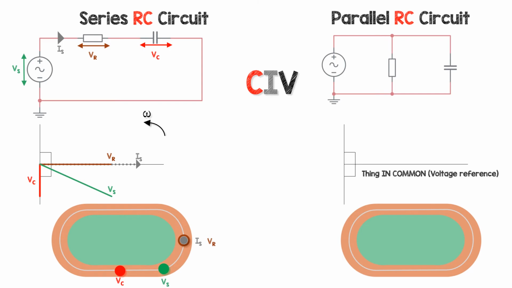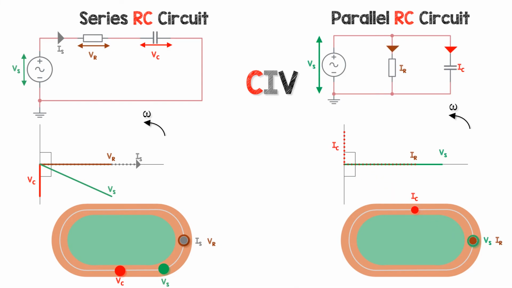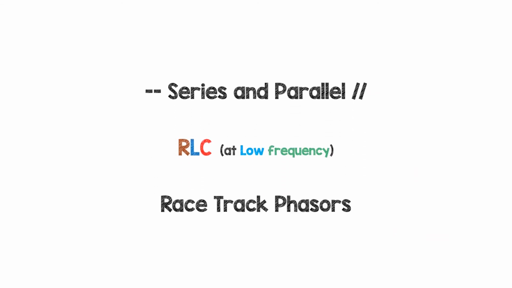For the parallel RC, the thing the components have in common is voltage, so that goes on the x-axis of our phasor. And the resistor current is in phase with the resistor voltage. But there's only one voltage in this parallel circuit, or in any parallel circuit.